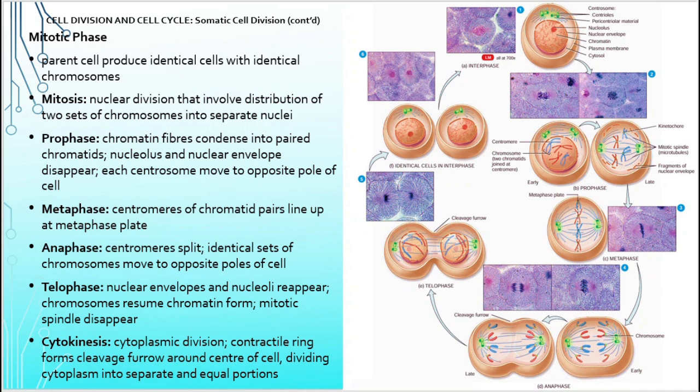Later in prophase, microtubules in the pericentriolar material of the centrosomes start to form the mitotic spindle, a football-shaped assembly of microtubules that attach to the kinetochore.